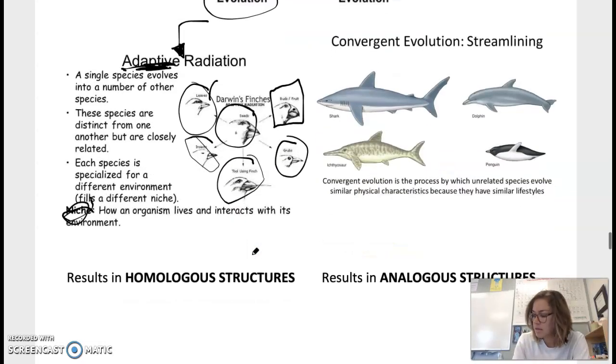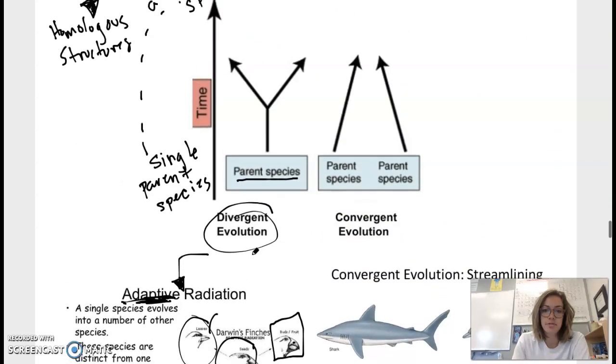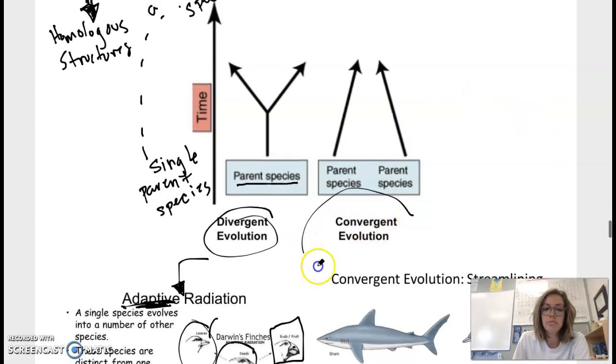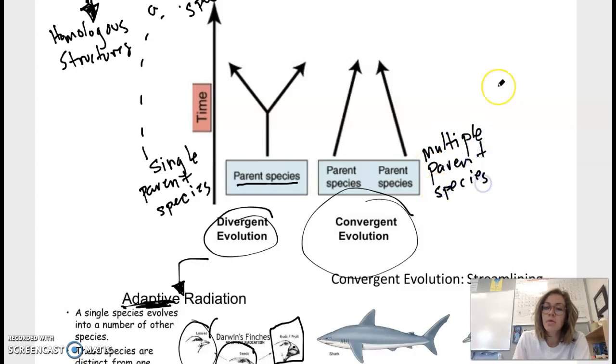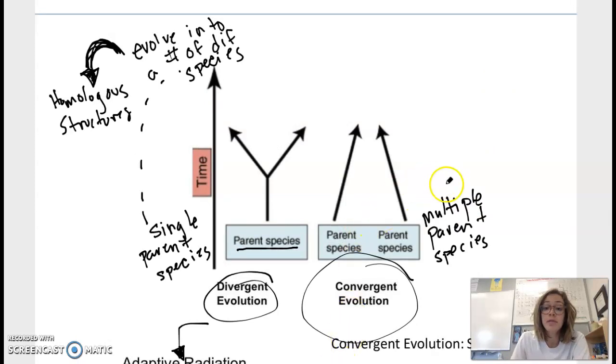And then the convergent evolution, right? Got an image here where it's a couple of different parent species that through time, right, these multiple parent species over time with similar environmental conditions evolve similar traits, so they become more similar.